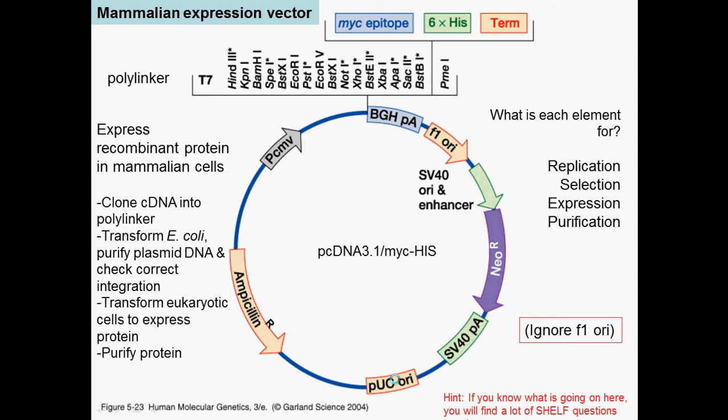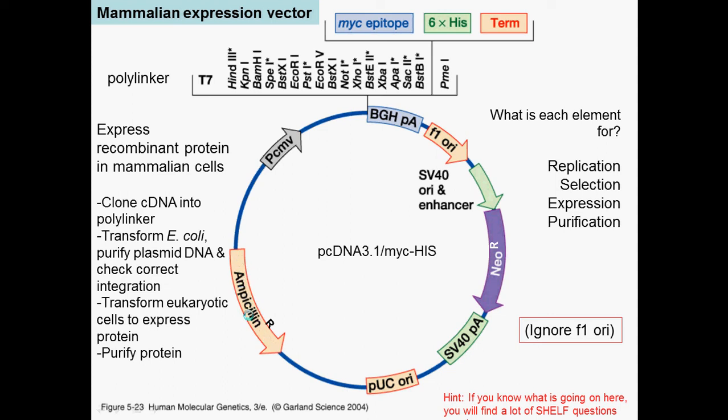And for E. coli, it's going to have to replicate this plasmid, so it needs a place of origin of replication here. And then this is the ampicillin resistance gene that is going to be useful for E. coli.